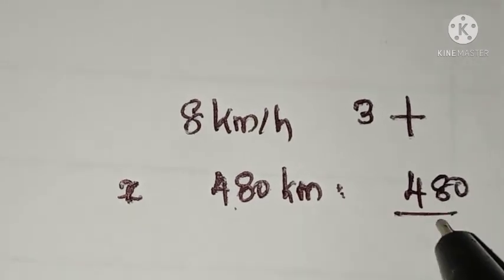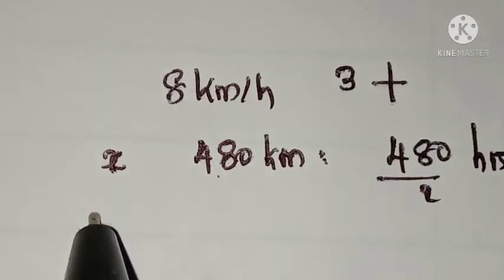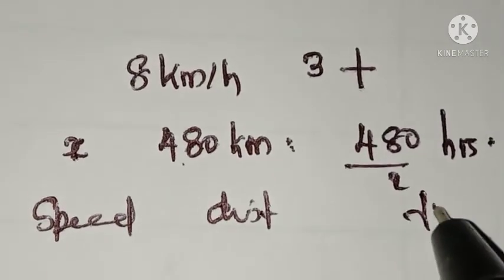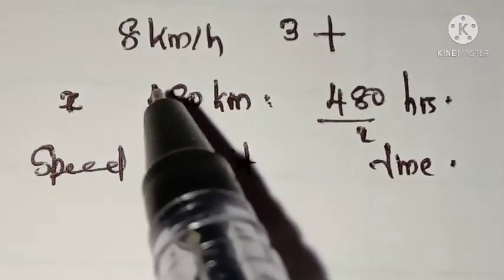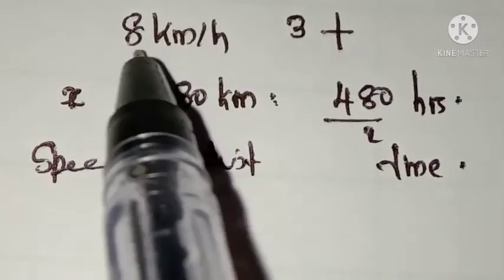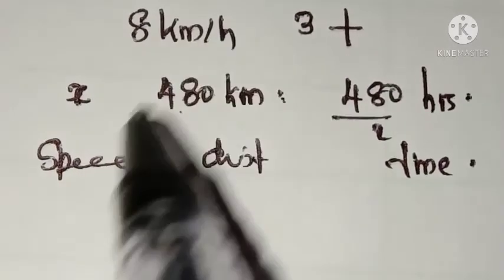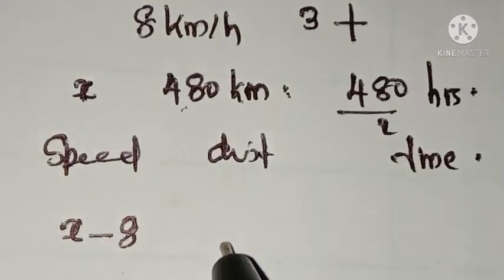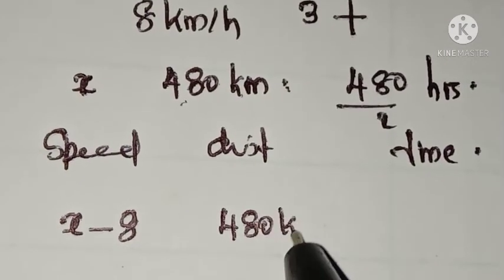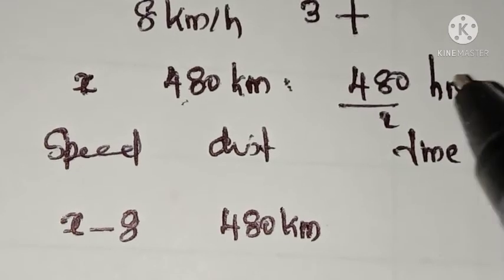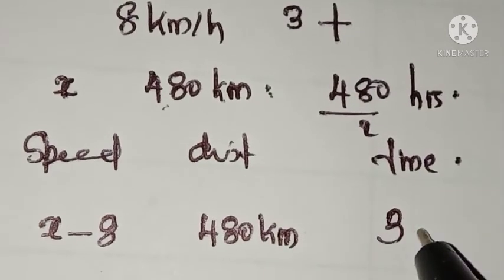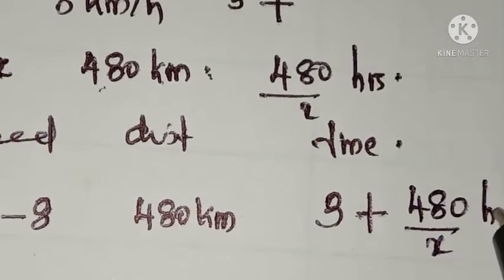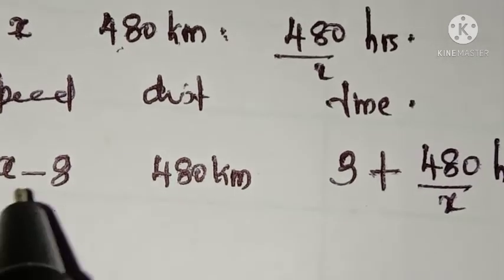So this is speed, this is distance, and this is time. Now in the second sentence it is given, if we decrease the speed by 8 km per hour, that is x minus 8, to cover the same distance 480 km, the train would have taken 3 hours more. So 3 plus 480 by x hours. This is the second sentence.